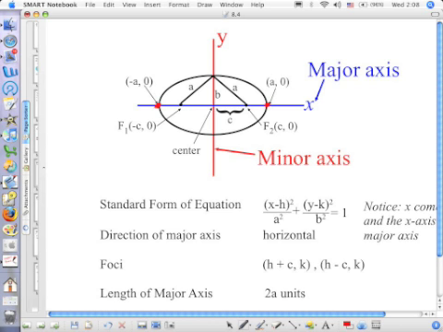We're going to be given information, and you have to make sure you understand what A, B, and C represent. A is not a point. It's a distance. All of them are the distance from the center to something. A is the distance from the center to the outside of the major axis. B is the distance from the center to the edge of the minor axis. And C is the distance from the center to a focus.